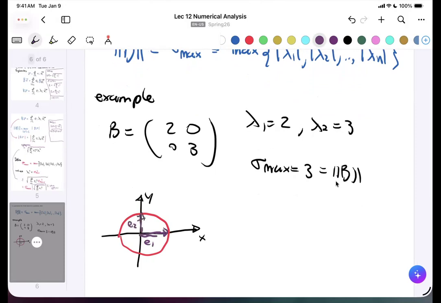If you apply the matrix B to this picture, e1 gets rescaled by 2, so it becomes twice as large, and e2 becomes 3 times as large, so the circle becomes an ellipse. It's a transformation of the space.